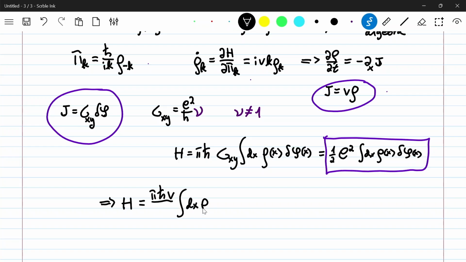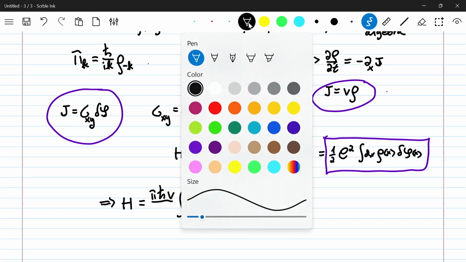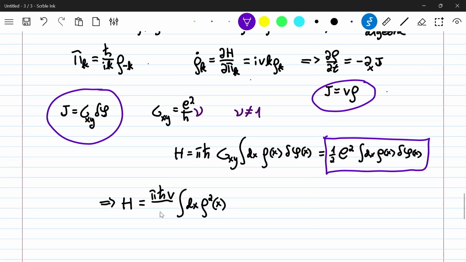Integral. Okay, and what's the new factor here is that nu appears here in the denominator. Okay, so let us look at this Hamiltonian, and now it's written in terms of the density.